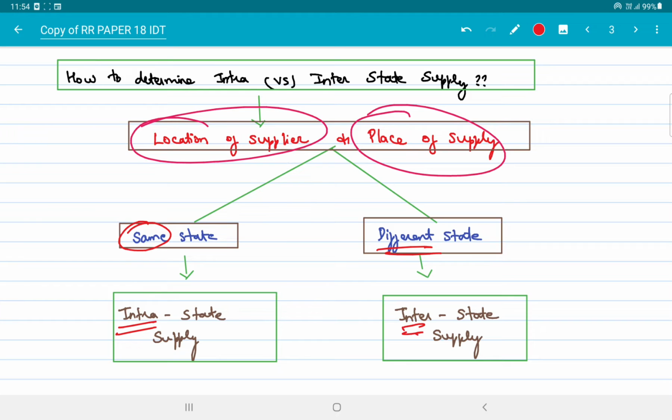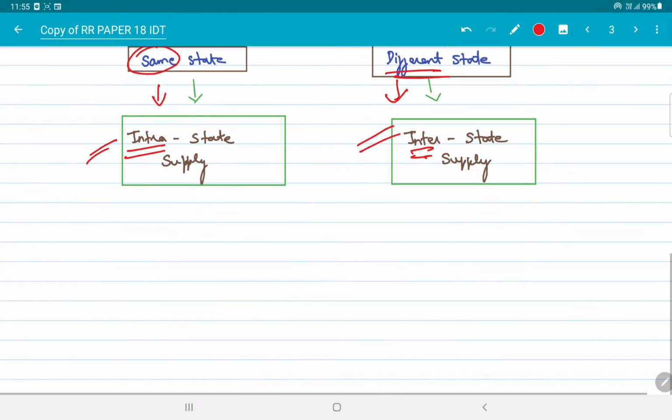But now, as you are at the final level, and as and when you receive invoices of your client to review the GST portion, you should check whether the location of the supplier and the place of supply are in the same state or a different state. If it is the same state, it is intrastate. If it is a different state, it is interstate.